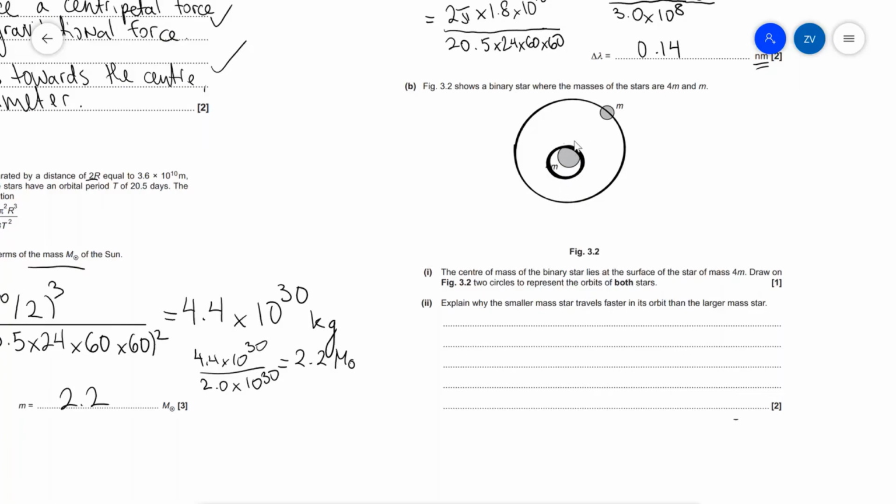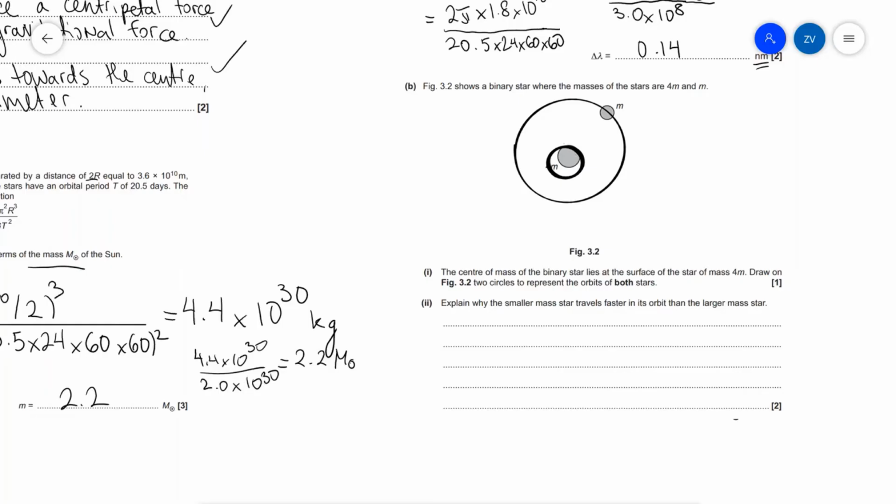Well, it's going to be exactly 1 to 4, and I'm trying to draw that approximately right. In an exam situation, I would really encourage you to use the proper drawing equipment and to make sure that you have drawn these in the correct ratio, which is 1 to 4.